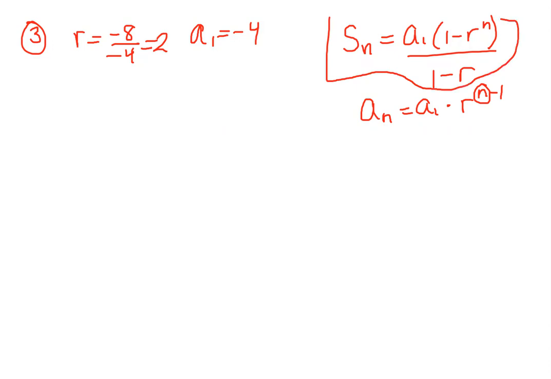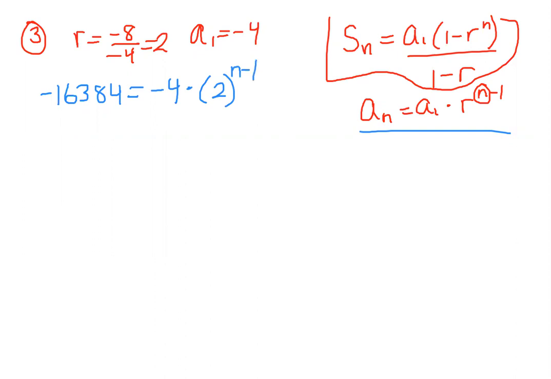So let's use this, and we're going to say an, which is negative 16384, that's our last term, we don't know what n is, equals the first term times r, which is 2, to the n minus 1. And we're going to solve this for n. So we're going to divide by negative 4, and we'll get 4096 equals 2 to the n minus 1.